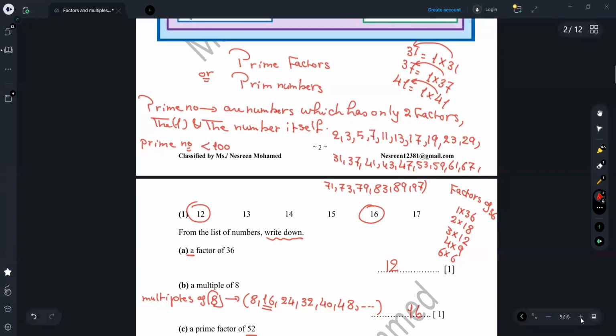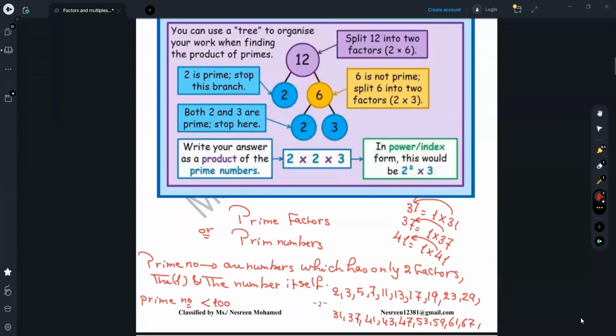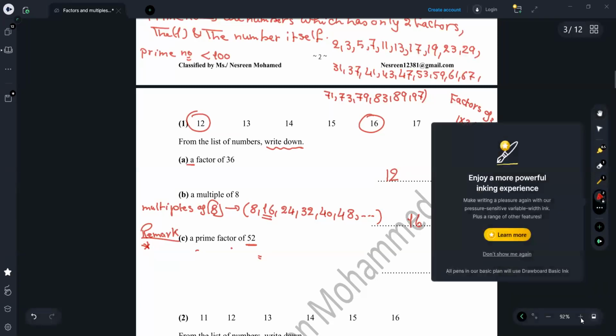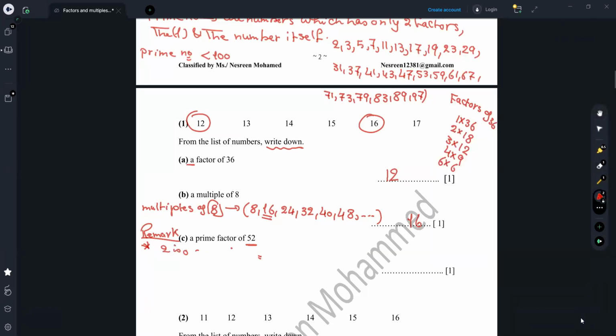You have to know a hint or a remark here. The second thing we will say: 2 is the only even prime number and the smallest prime number.